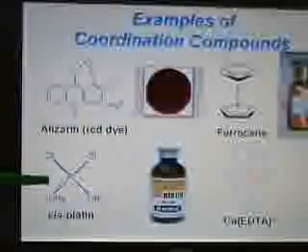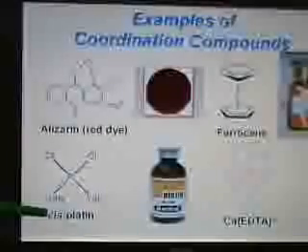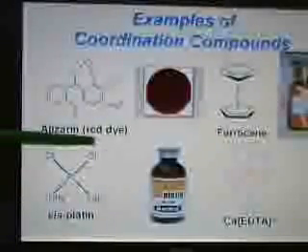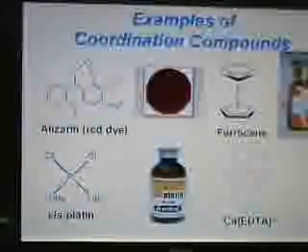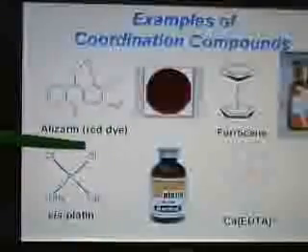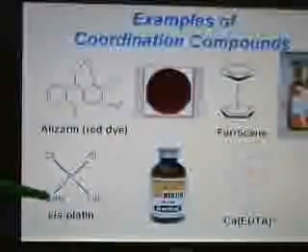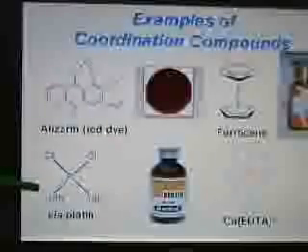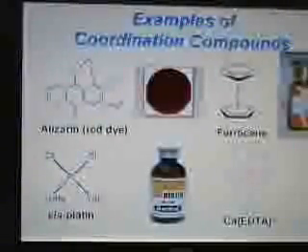One of the most important anti-cancer drugs is known as cisplatin. The two chlorides are bonded to platinum. They are cis to one another, and the two ammonias are also cis to one another. Very, very important. This is an important anti-cancer drug.